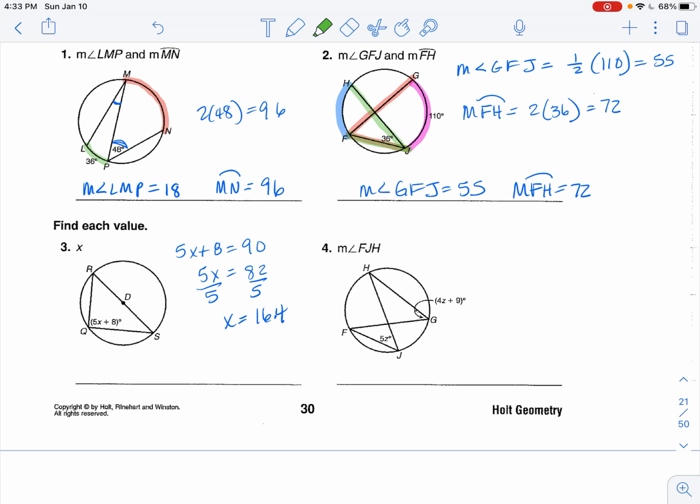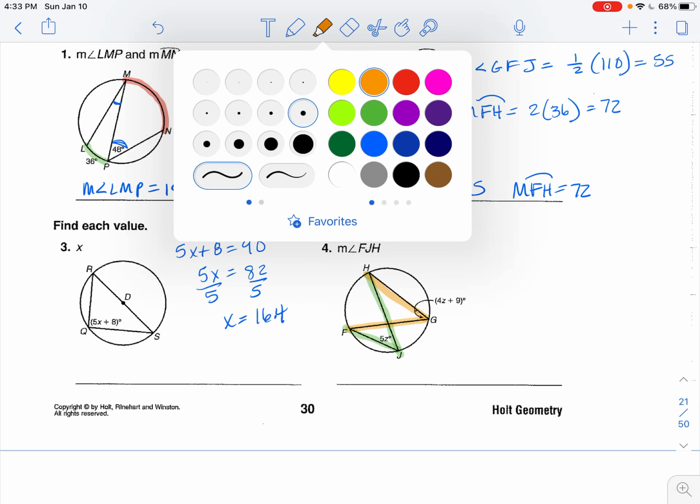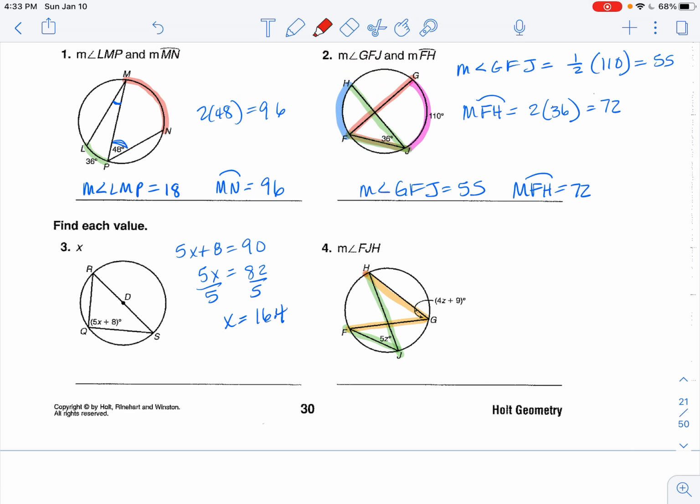The measure of angle FJH. Okay, and let's see. What else do we know? Well, we also know that angles FJH and FGH, both of these inscribed angles, intercept the same arc.